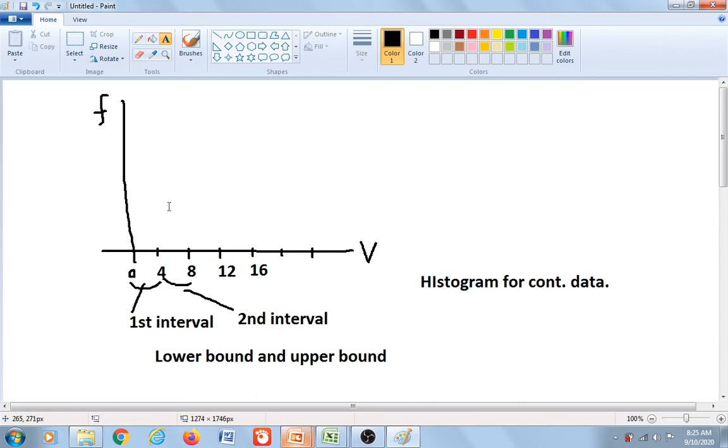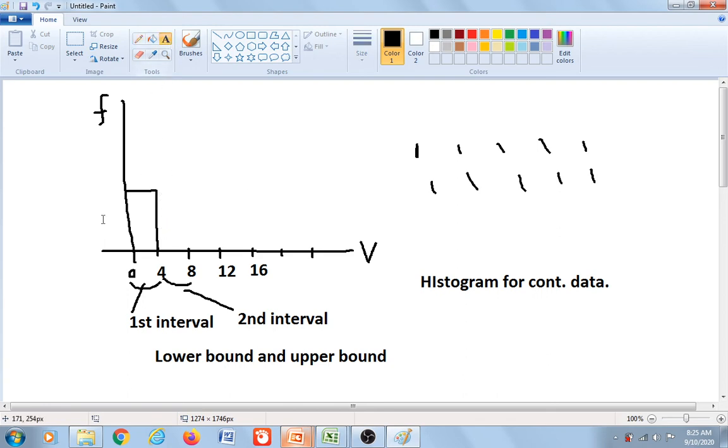Now let's assume that we have several observations. So we have data here, so many data, so many observations. Now the thing that we need to do is determine the frequency of each interval. From 0 to 4, how many observations do we have? Maybe we have 2 observations.